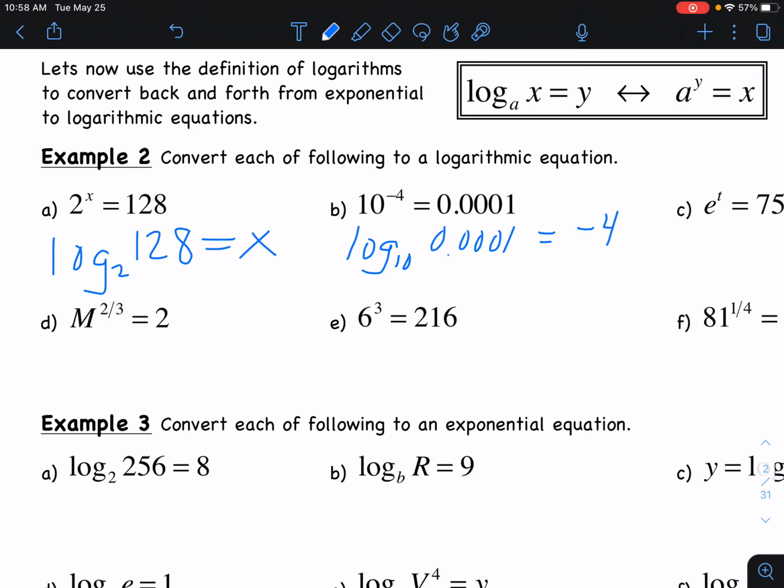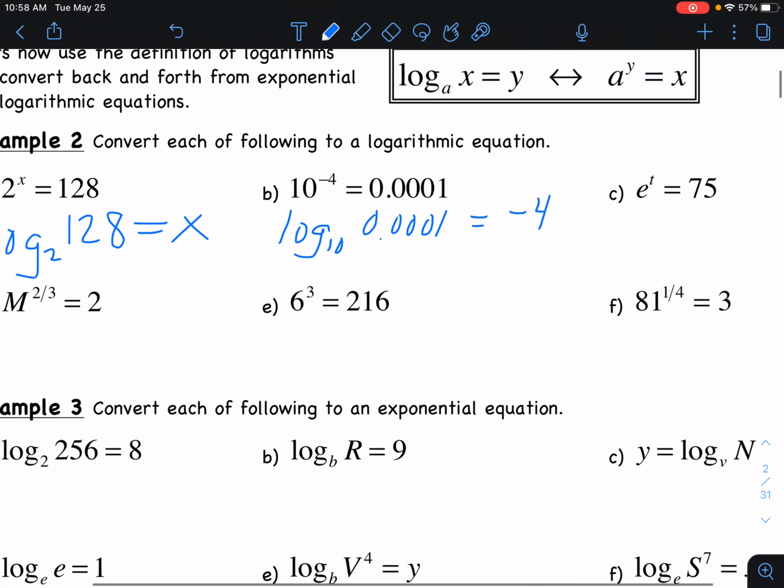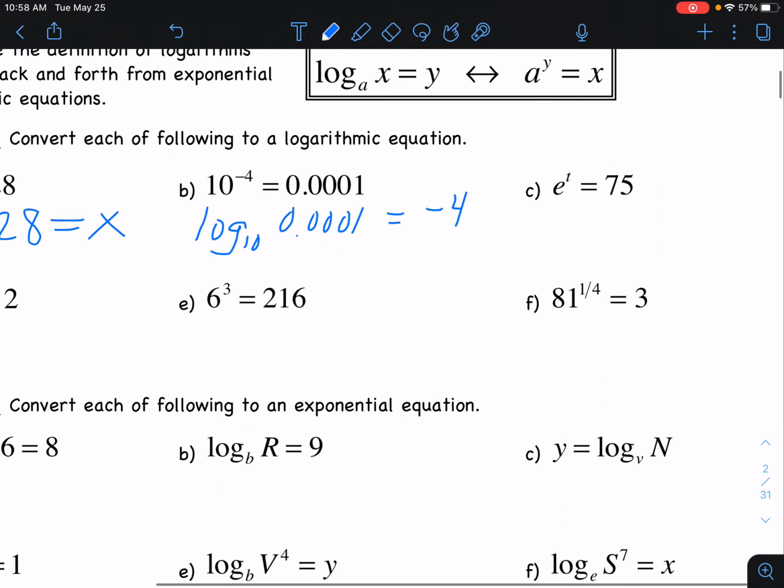It's equal to the exponent. Just like here, the exponent y, that's the -4 we're talking about. And by the way, 10 to the power of -4 is actually 0.0001. If you remember that, that has to do with scientific notation.